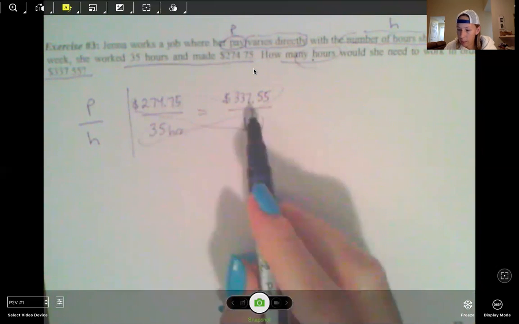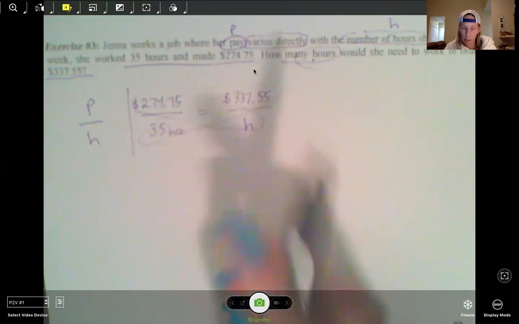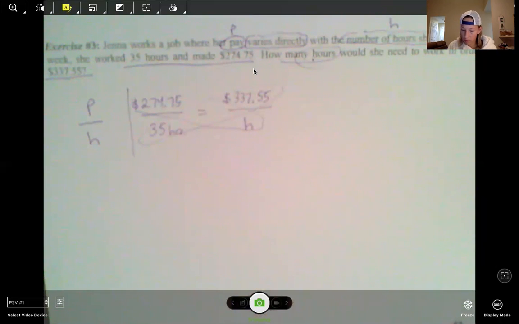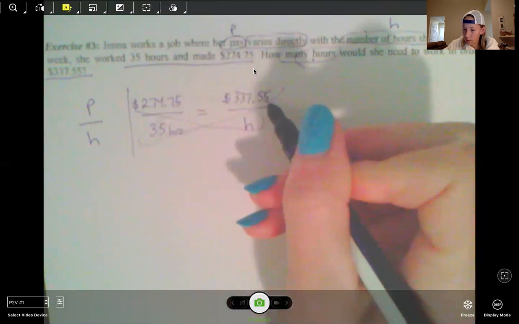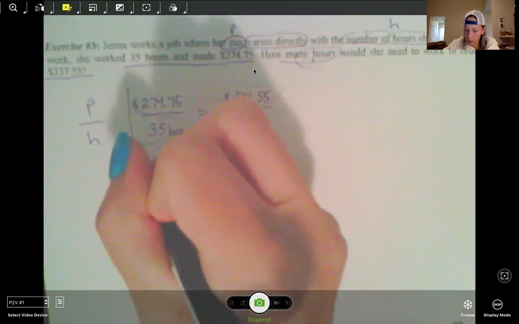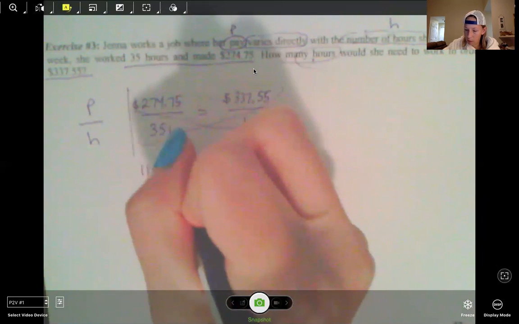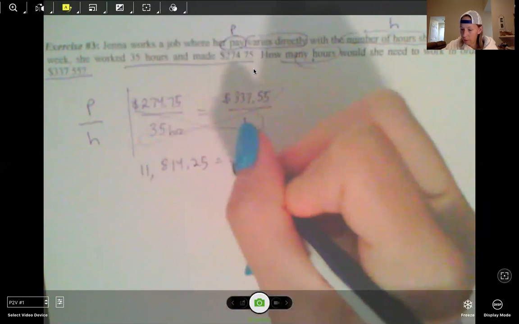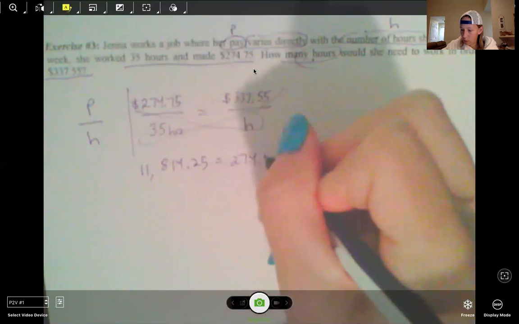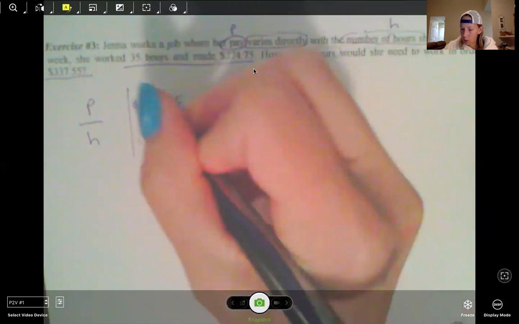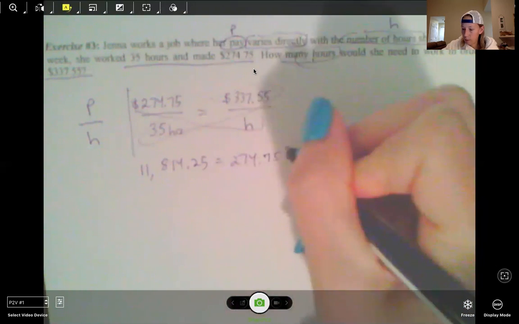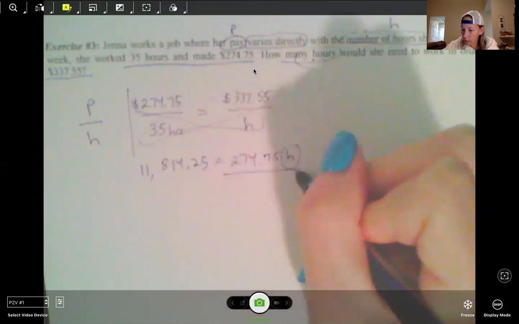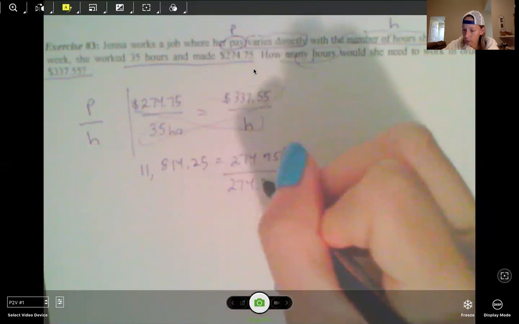So we get 35 times 337.55. So 35 hours times that is 11,814.25. And then we have 274.75 times H. So again, our variable now is on the right side, so we still divide by that number that's by the variable.